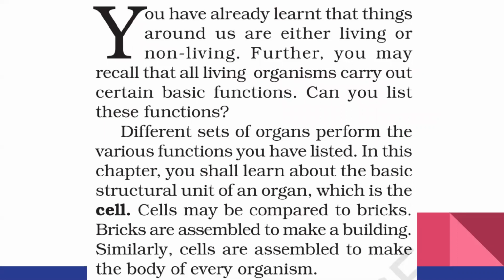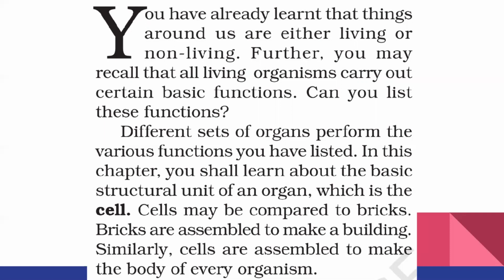So each system consists of different organs. Now, what are the different organs of the respiratory system and digestive system? We know that the respiratory system consists of nose, then trachea, bronchi, lungs, like that. The digestive system is made up of mouth, teeth, tongue, food pipe, then stomach, small intestine, large intestine, etc. Like that we already learned.